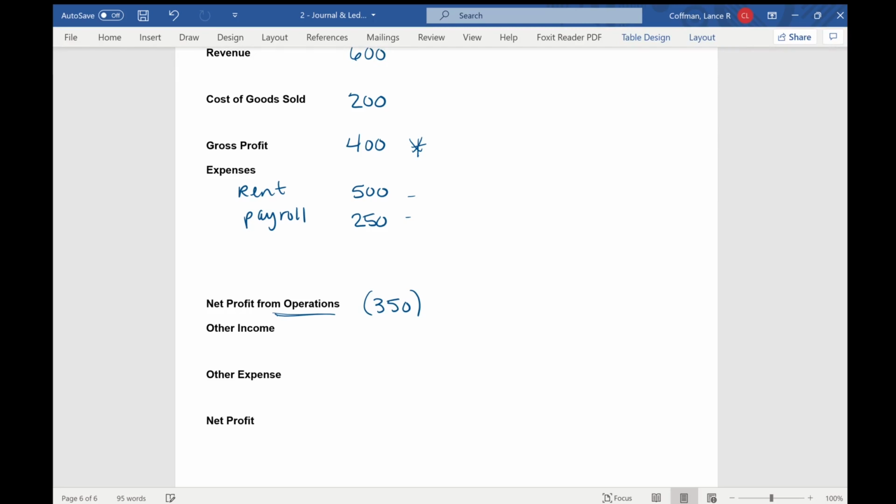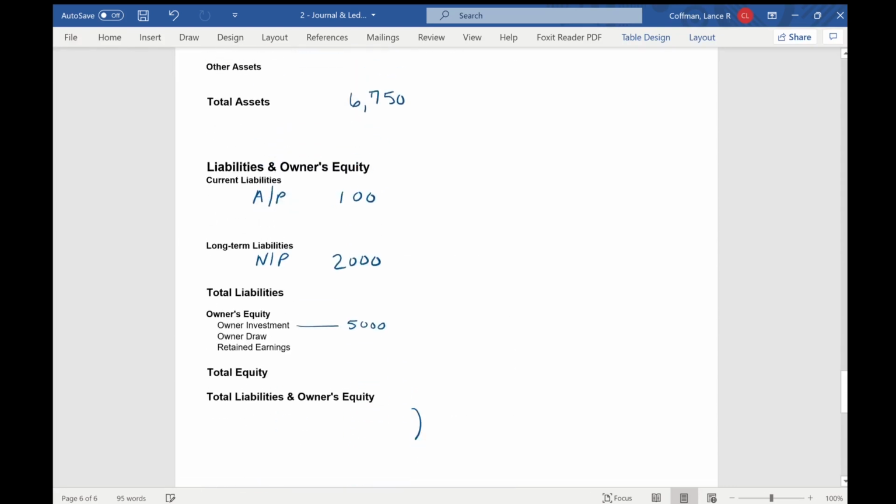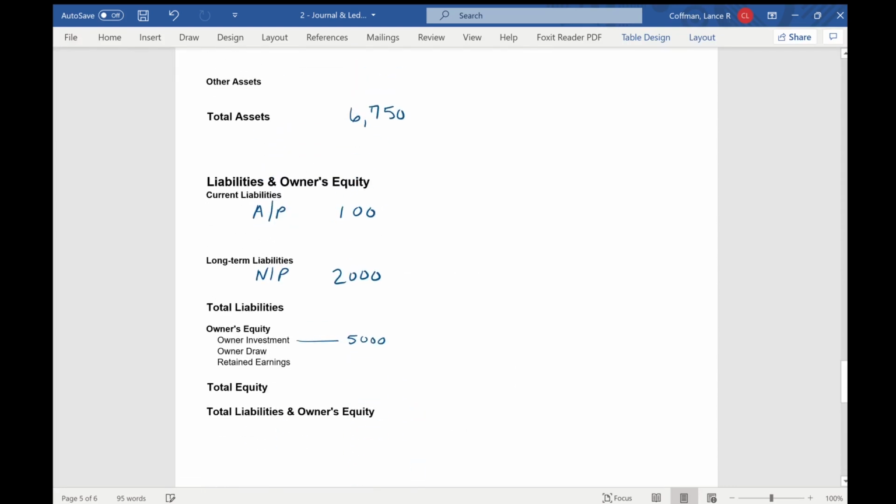For this exercise, we didn't have other income and we didn't have other expenses, so we're just going to carry that net profit from operations down to the bottom line net profit. And again, that's actually a net loss of $350.